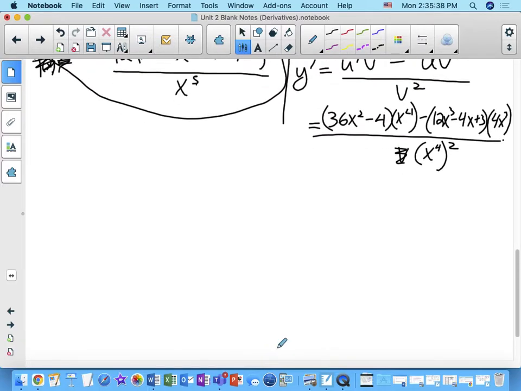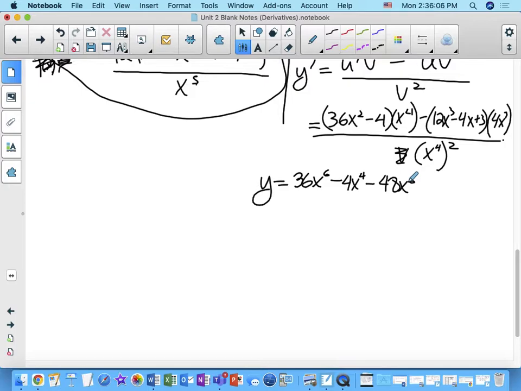Simplification. So y equals, we've got to distribute here. 36 times x squared times x to the 4 is 36x to the 6 minus 4x to the 4. And then minus 12 times 4 is 48, x cubed times x cubed is x to the 6.